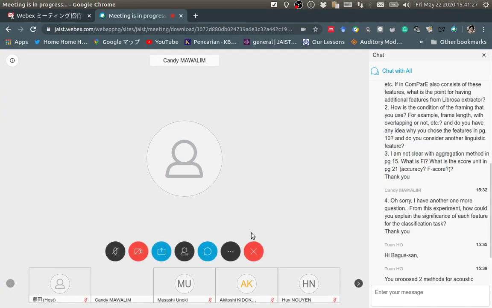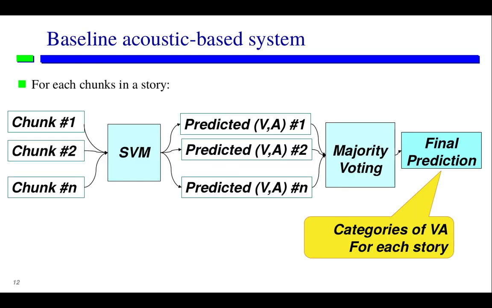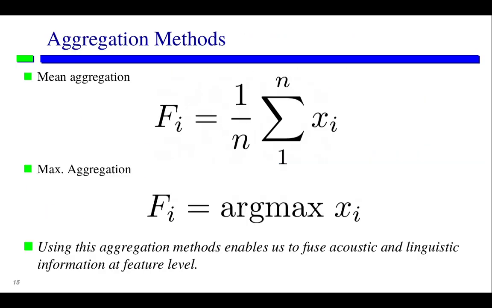Why not standard deviation? Minimum and maximum? I think these are two statistical functions used in the aggregation. Standard deviation would represent the deviation, but this number represents the feature.